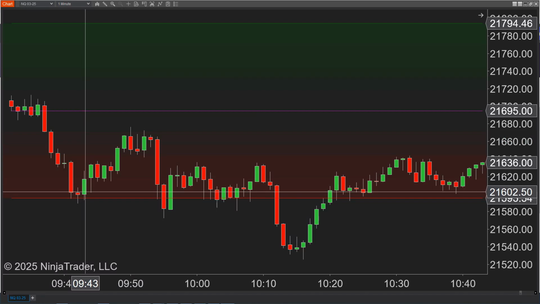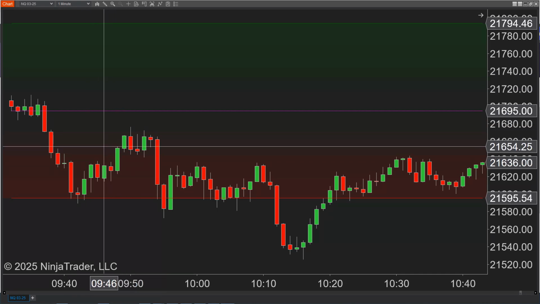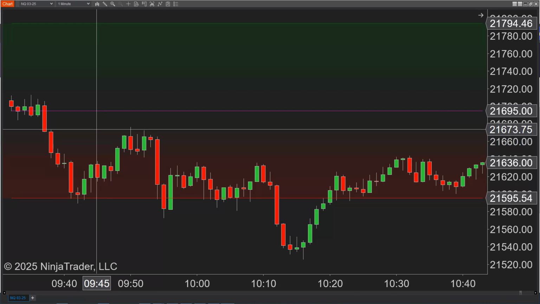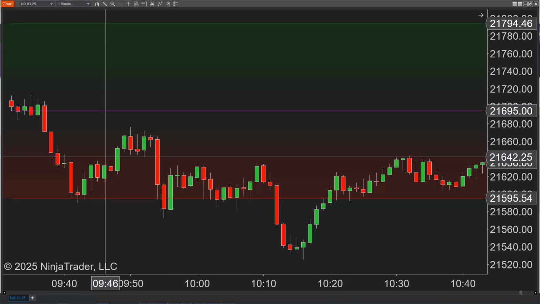Now we also have an indicator that will just plot those levels on your chart. Anyone who takes the course has the option, you don't have to, of purchasing this indicator. I was doing this manually up until last week.